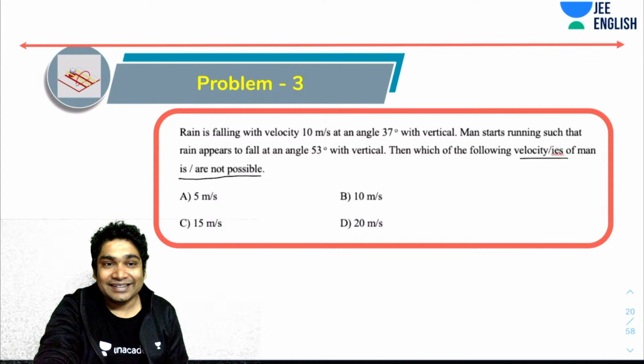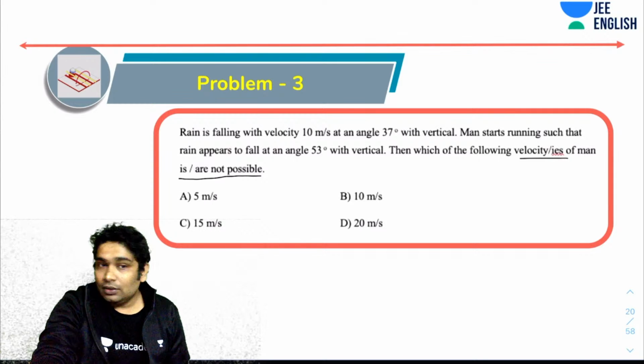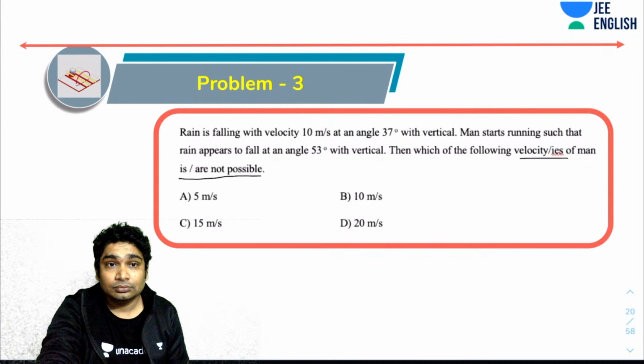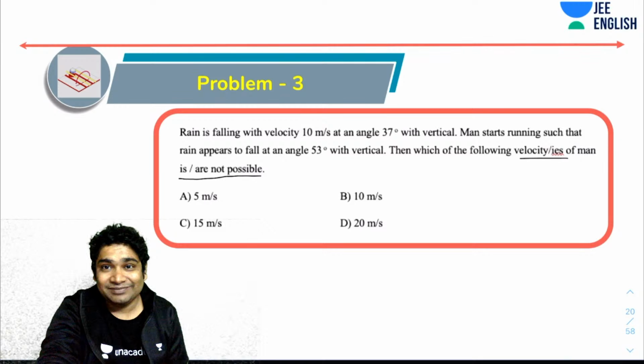Let's see if you can figure this out. What are the possible speeds which will make the angle of the rain to be 53 instead of the actual angle 37? Which of the following velocities are not possible?